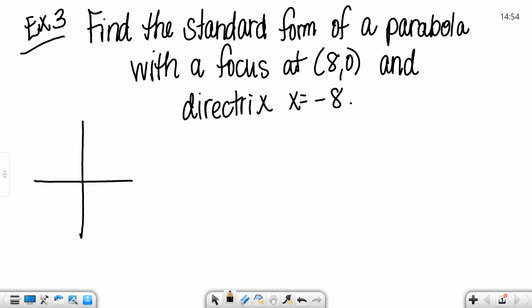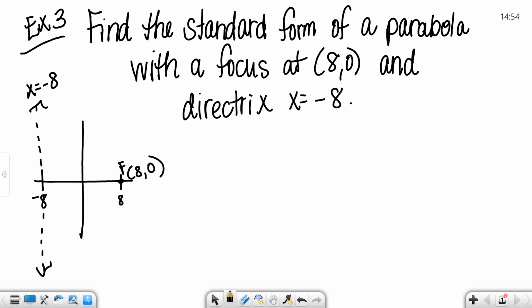All right, I am given the ordered pair (8, 0). Okay, so let's say that this is 8. So this would be (8, 0), and that is my focus. All right, my directrix is x equals -8. That's not a point, that is a line, a vertical line. x equals some number is a vertical line.